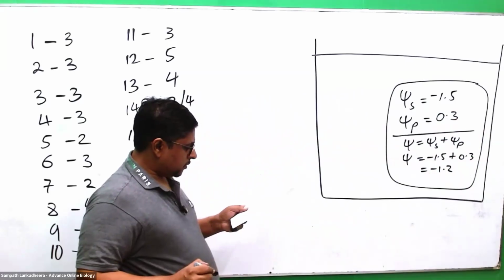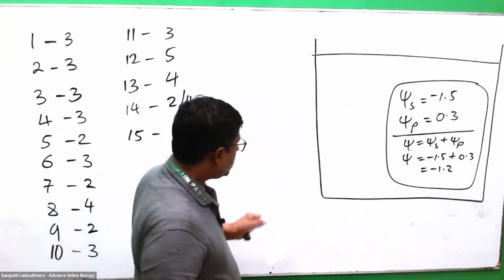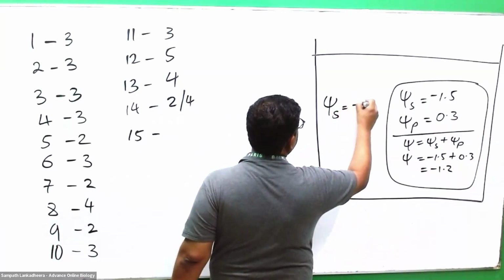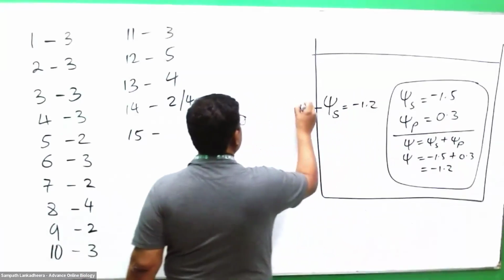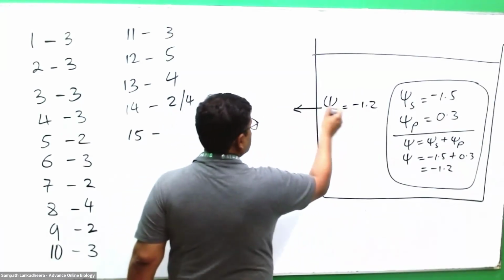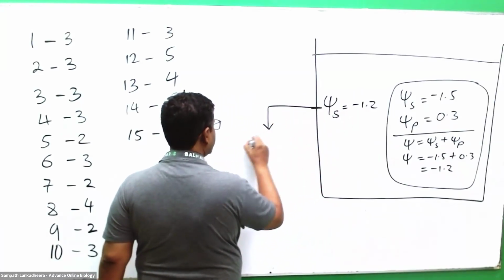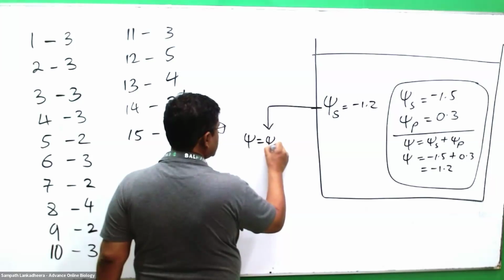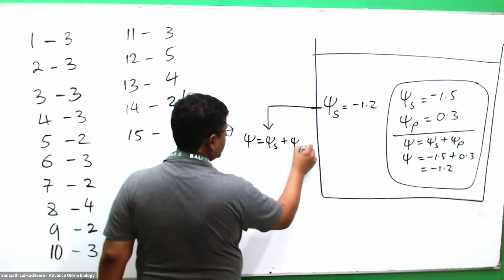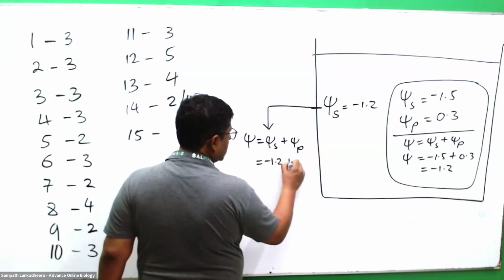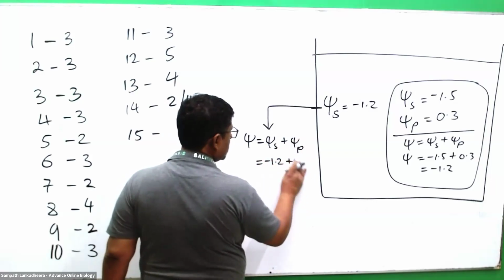This is immersed in a solution with a solute potential. The outer solution solute potential value is minus 1.2. Based on this you can find the water potential. Water potential is equal to psi s plus psi p. Psi s is minus 1.2, psi p is 0.